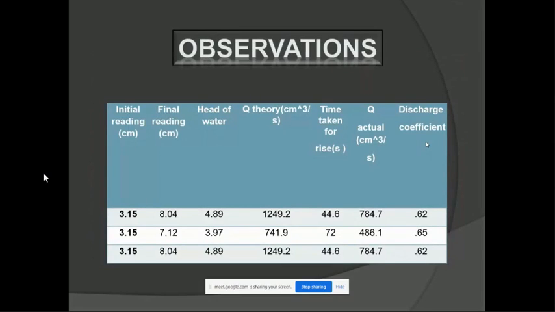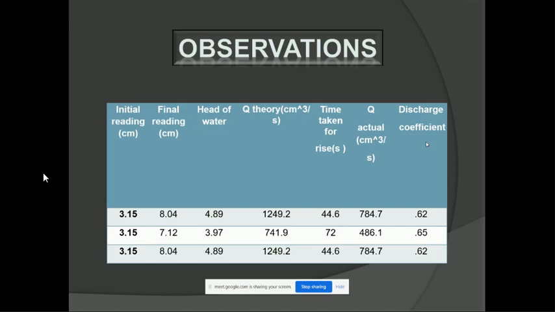Now coming to the observations, in the first column you can see the initial reading, which is the water level at the crest. In the next column, the final readings of the water. By subtracting these both, we get the total head, which we have found in the third column. Now talking about the theoretical discharge, which is equal to 8/15 into √(2g) into tan(θ/2) into H^(5/2), where g equals acceleration due to gravity, θ equals the angle of the V notch, and H equals the head of water.